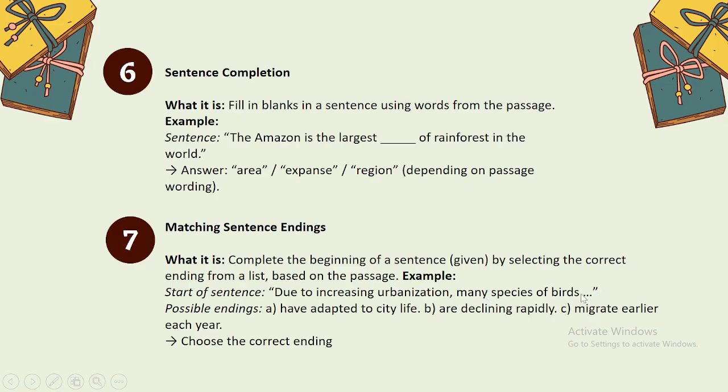So the sentence isn't completed yet. You have to identify the possible endings. Here are some options, and you have to locate and understand whether each is correct or incorrect, and then put the correct answer for this gap. This is how you have to solve this type of question.